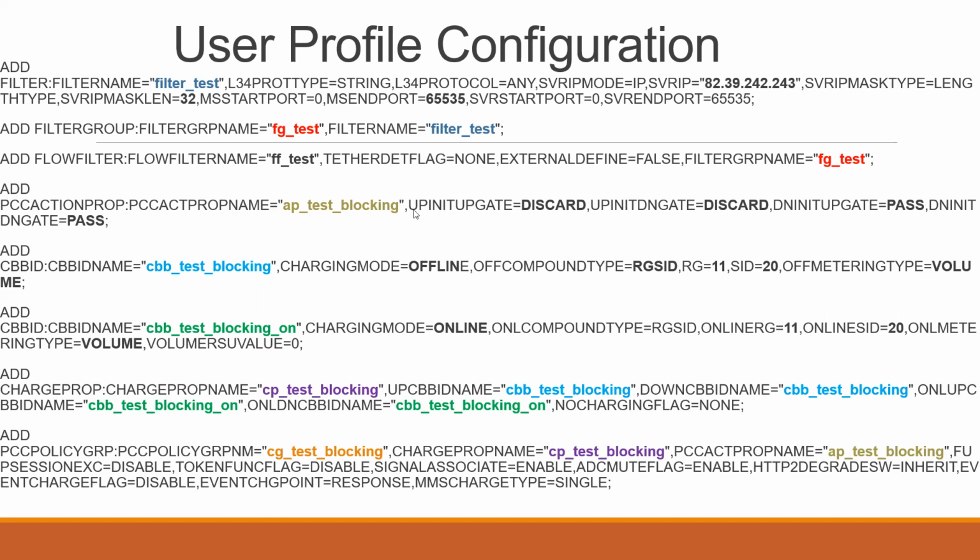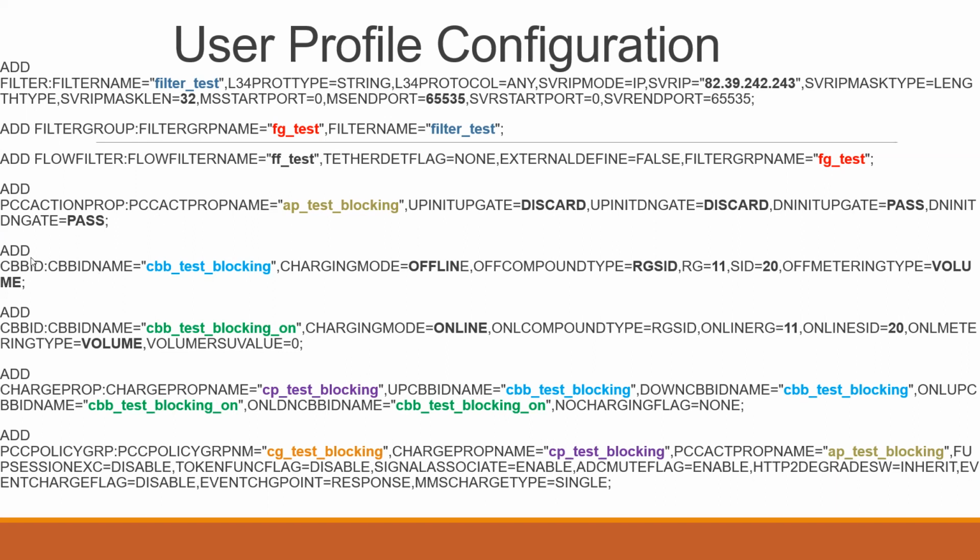Here I mentioned that if it is uplink initiated, meaning UE initiated, both uplink and downlink are discarded. But if it is DN initiated, like PDN initiated, then uplink and downlink should be passed. This is just an example. We can create it accordingly, if we want to block every service or allow some specific service. This is an optional thing that we can do.